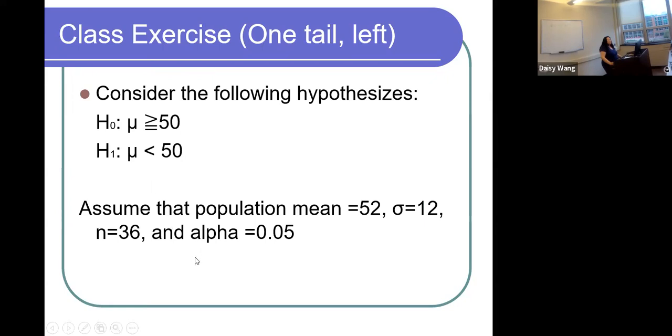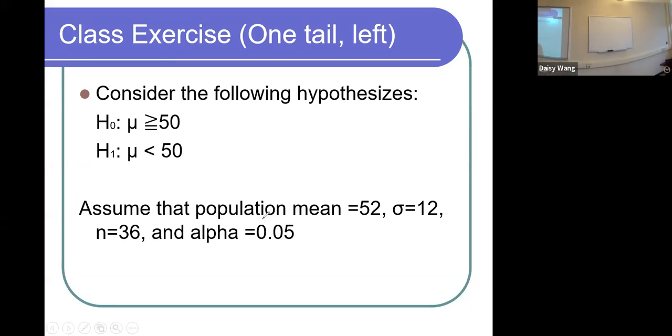This one, mu is greater or equal to P. Mu is P. So how do we come to this? So let's do the Z value first.